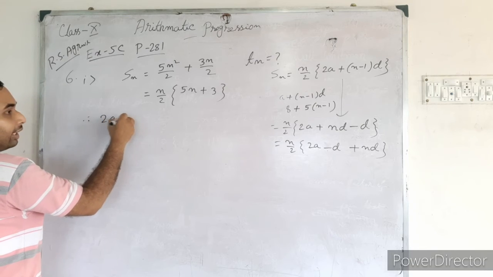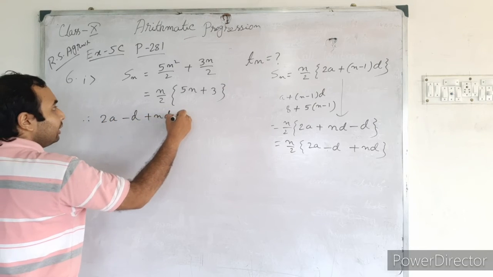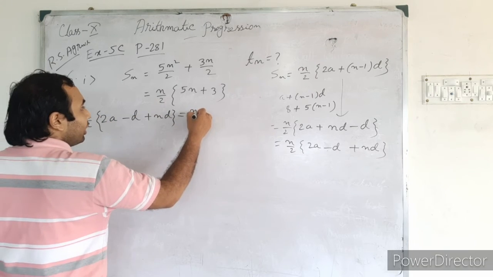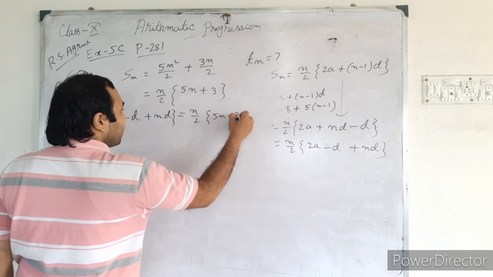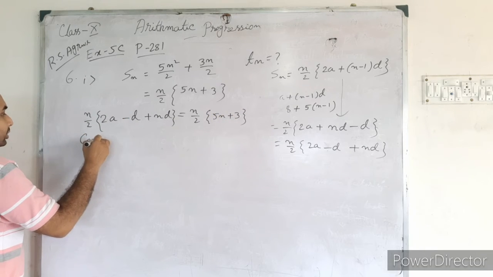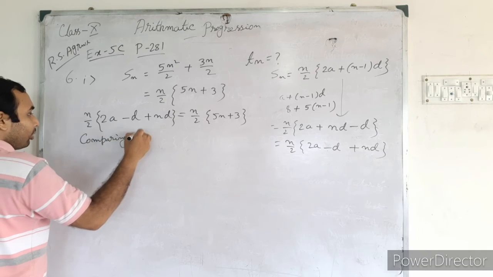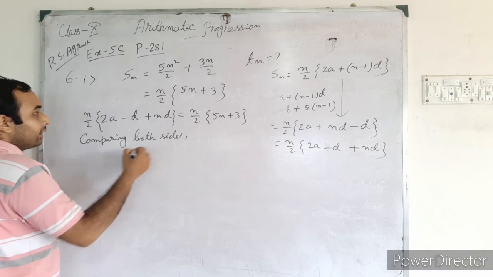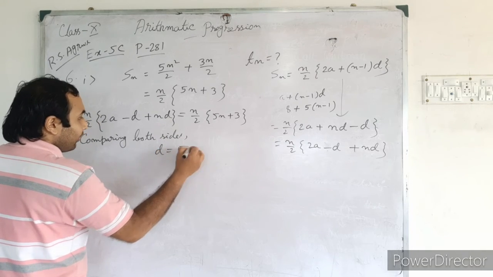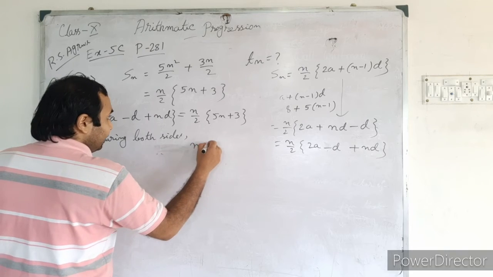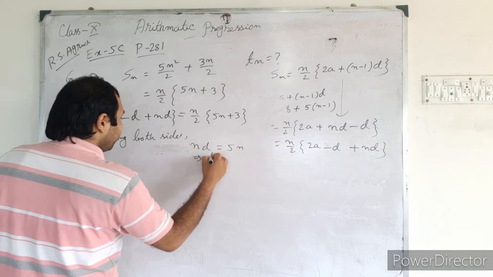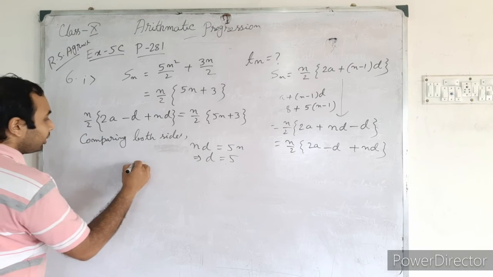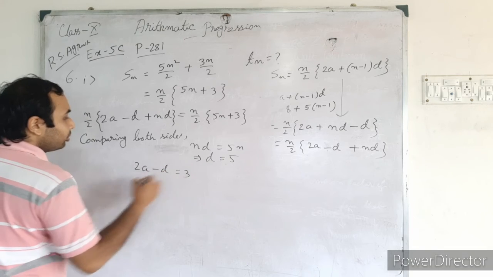So n by 2 into (2a minus d plus nd) equals n by 2 into (5n plus 3). Now comparing both sides, we can say directly that nd equals 5n, so d equals 5. The other thing we get is 2a minus d equals 3.